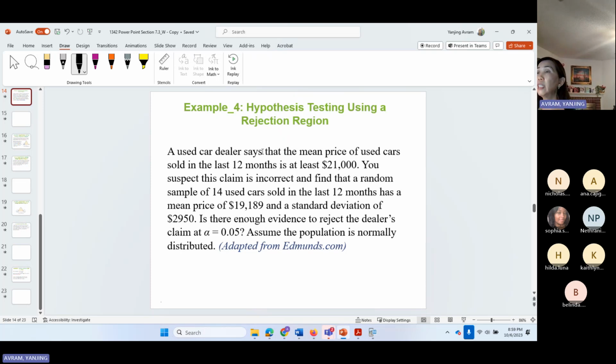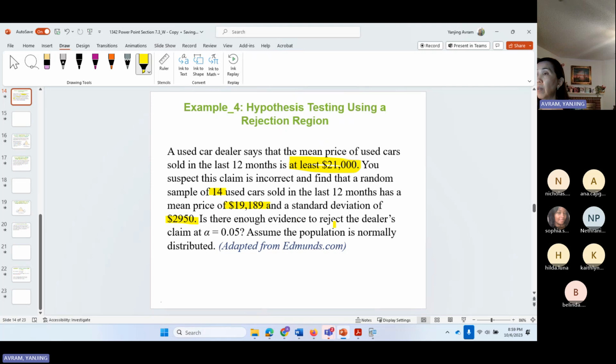So a used car dealer said the mean price of a used car sold in the last 12 months is at least 21,000. So what does at least mean? All right, it's so important. You suspect this claim is incorrect and find that a random sample of 14 used cars in the last 12 months has a mean price of this much with a standard deviation of this much.